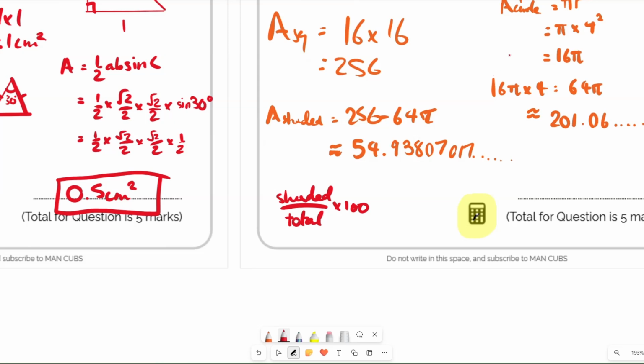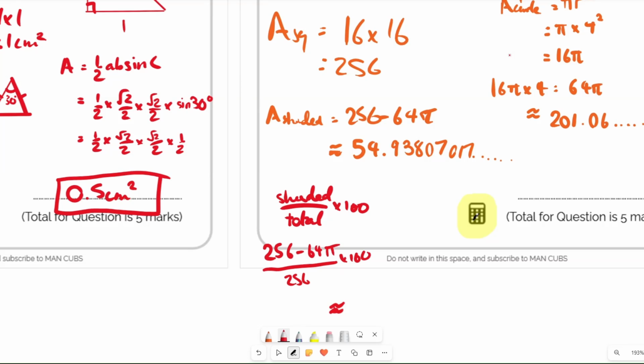So our shaded, I'm going to rewrite it in the exact form, just so we aren't losing any accuracy. So that's our shaded region, and then our total is 256, and multiply by 100, and that gives us approximately the answer. Let's do it to 3 significant figures, because it doesn't tell us in the question, so I think we can assume that. It's usually a good shout just to do 3 significant figures.